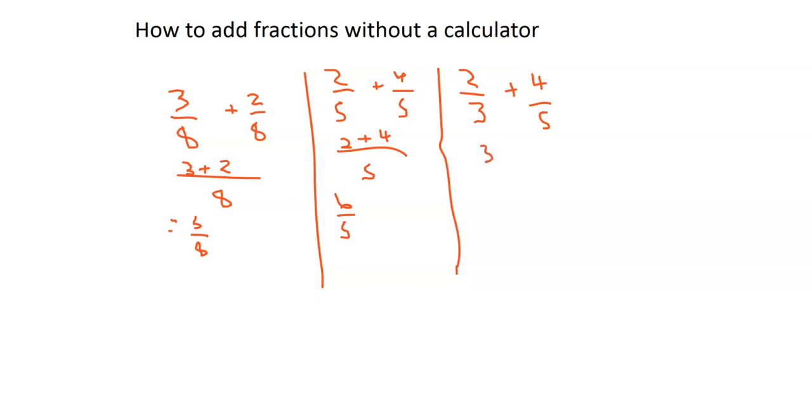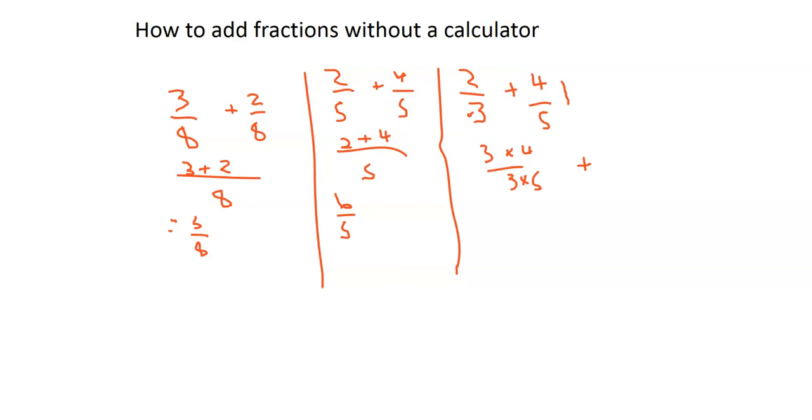So it will be 3 times 4 over 3 times 5. That 3 that you have here goes and multiplies everything on the right, so 3 times 4 and also 3 times 5. Then you add, and the same thing applies.